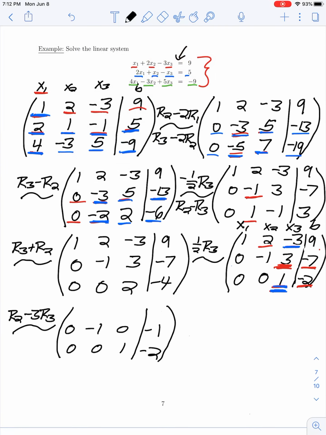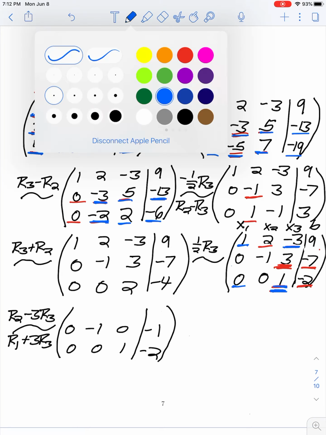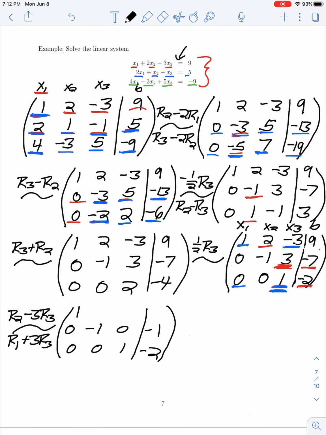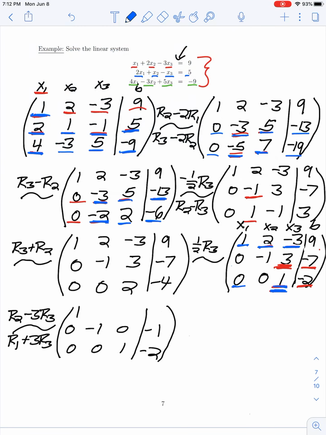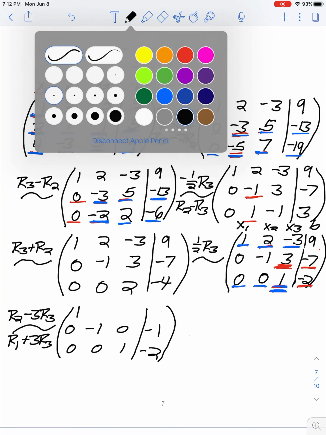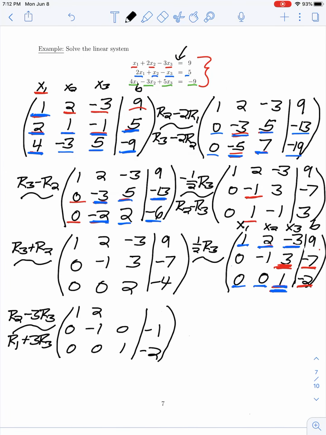So that is, take row 1 and add to it 3 times row 3. So let's see what this gives us for our first row. So we would have a 1 plus 3 times 0 is still just 1. Then we would have a 2 plus 3 times 0, which is still 2.